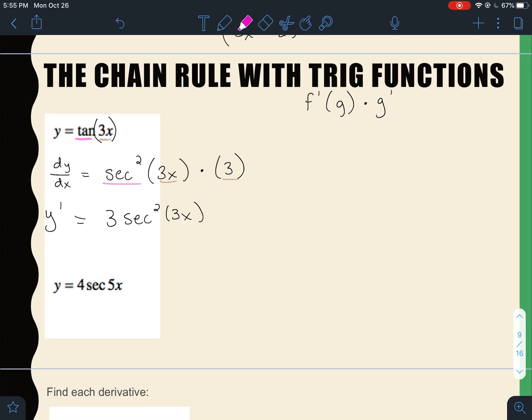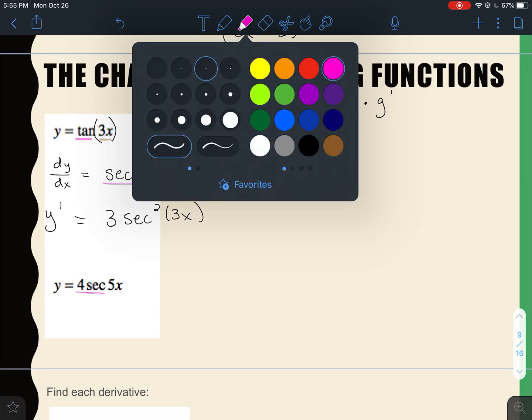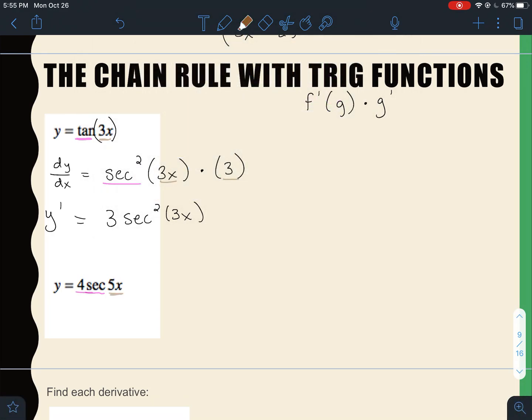Okay, on my next one, my outside function is secant x. You can think of it as 4 secant x if you want to. And then my inside function is 5x. So if I were going to take the derivative of 4 secant x, it would be 4 secant tangent. Okay, but I have to leave the inside function alone.